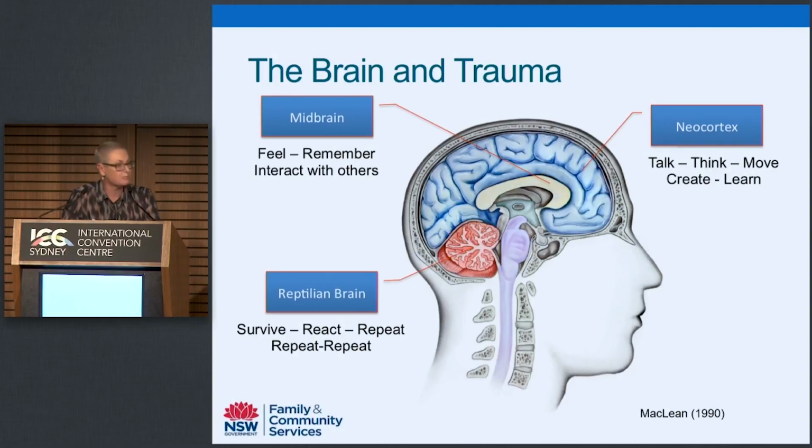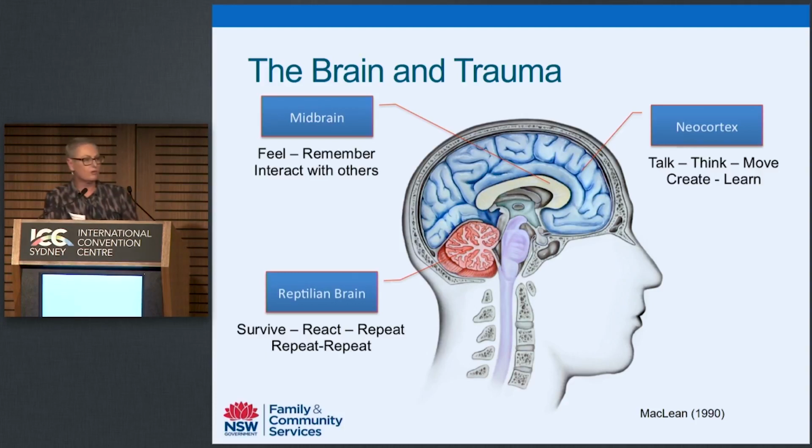So, very simply, your brain develops from the bottom to the top and the back to the front. Now, when you are born, your brain looks like your brain. However, the connections aren't there. And that is what develops over time.